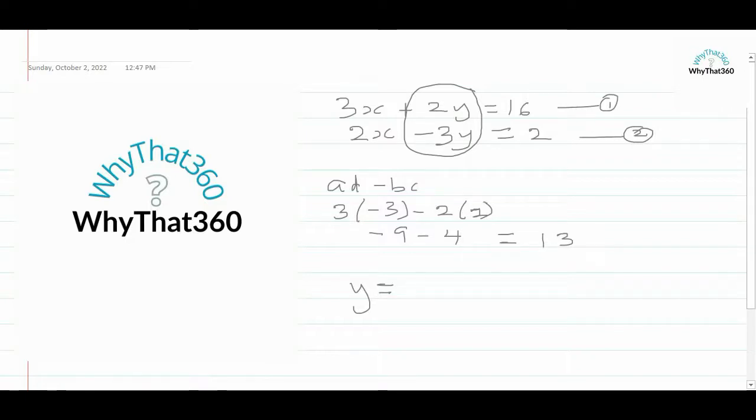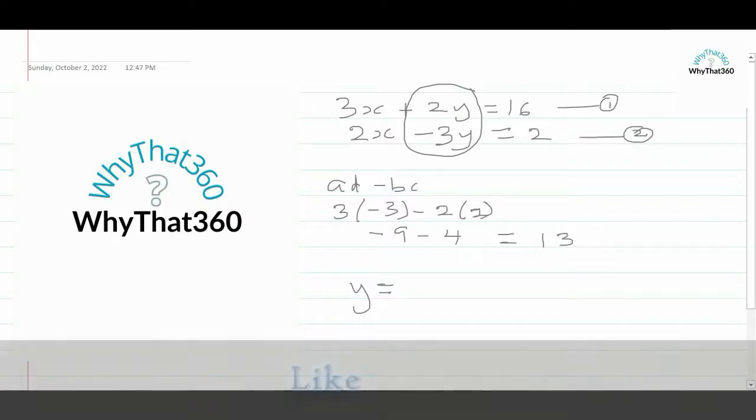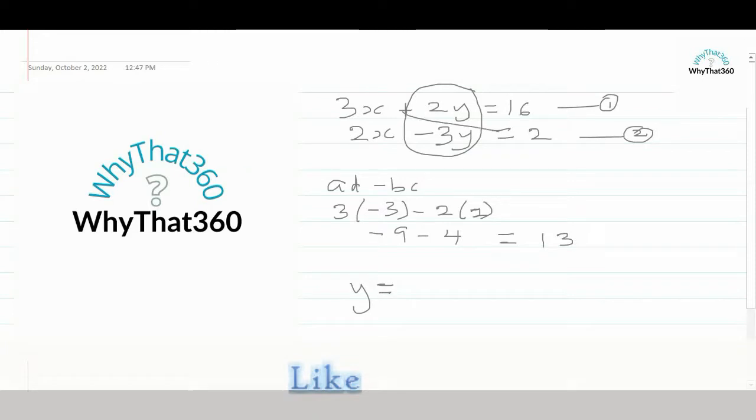The x starts with the second equation. Since we are finding the value of y, I will start with the first equation, and the multiplication goes down this way. This 3 here will multiply the 2, and after that this 2 here will multiply the 16 over here. So we go top and then bottom.